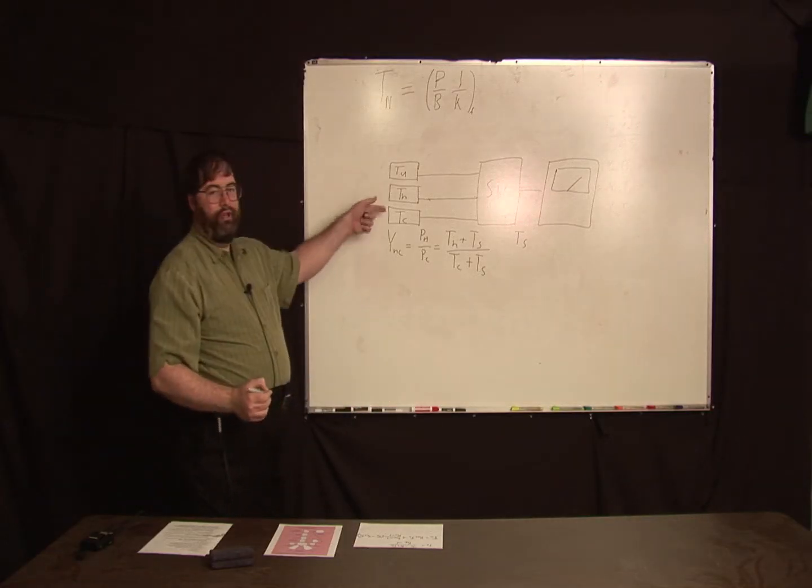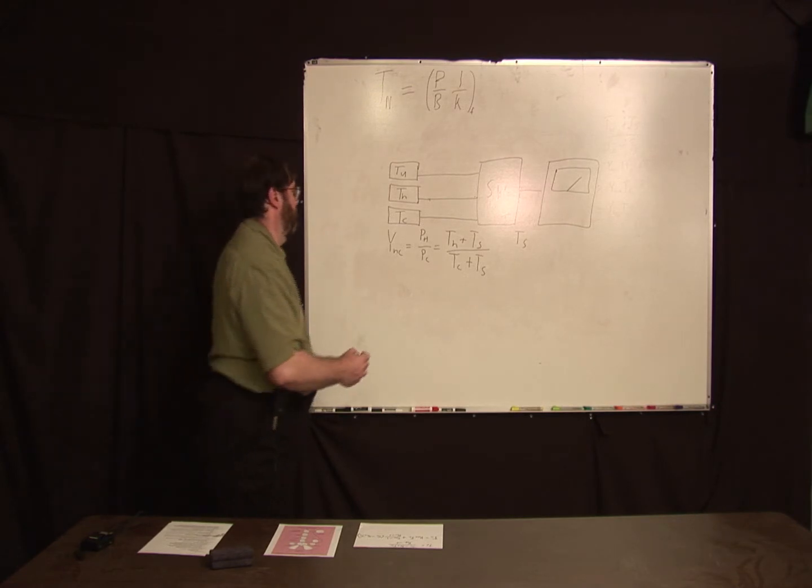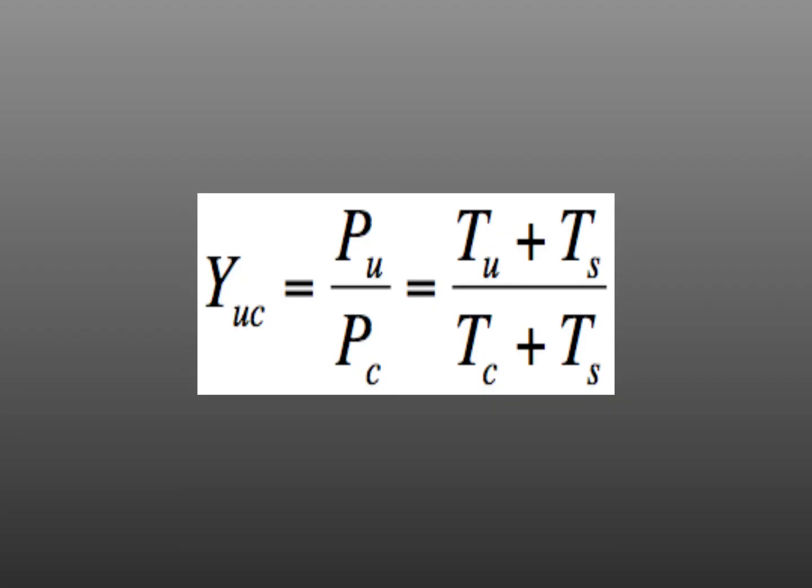Then you can do the same measurements between the cold standard and the unknown temperature. Again, it's P unknown over P cold, which is equal to T unknown plus TS over TC plus TS.